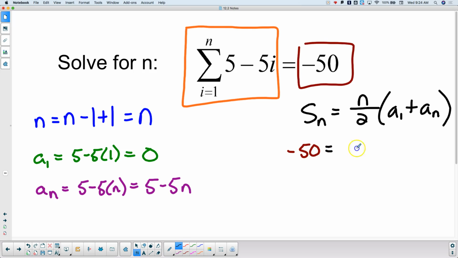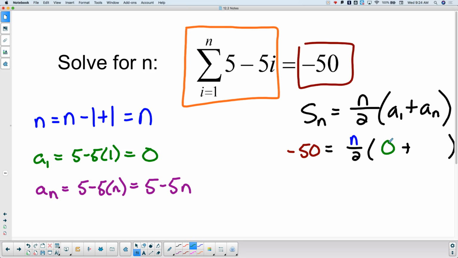How many total terms are there? We don't know. N. We just found it right here, Colin. That's not a number. Great. What's the first term? 0.